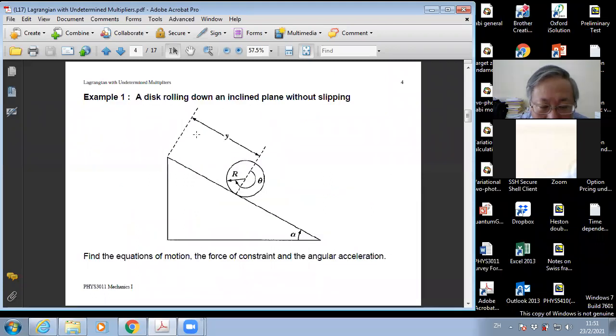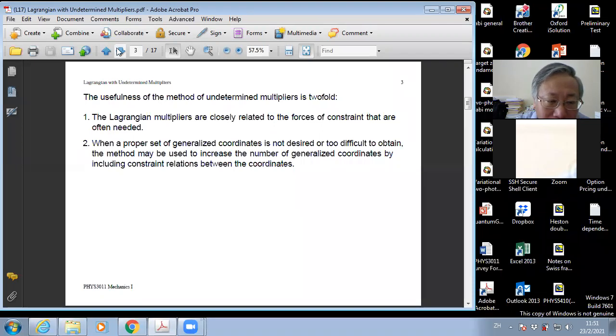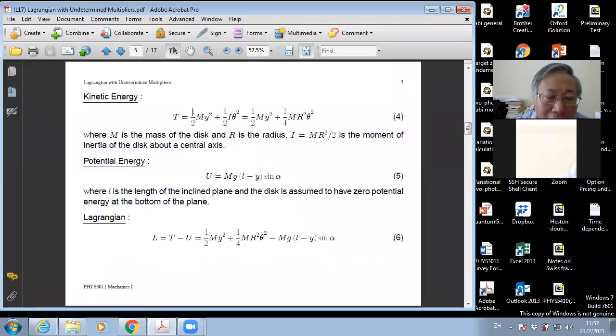Y is in this direction, and this is the rotation. I, the moment of inertia, is equal to 1/2 m r squared for a disk about its central axis. So we obtain the kinetic energy easily.